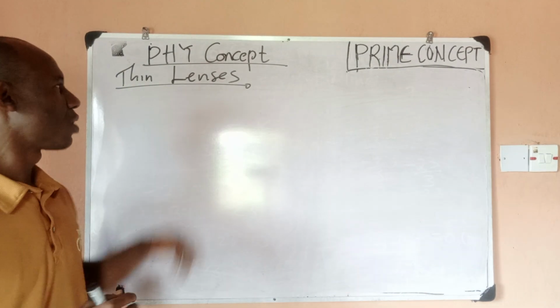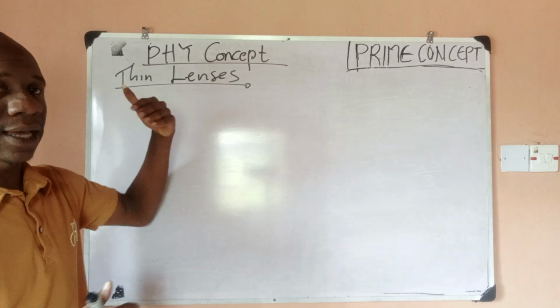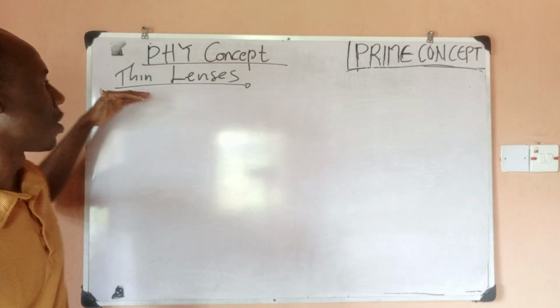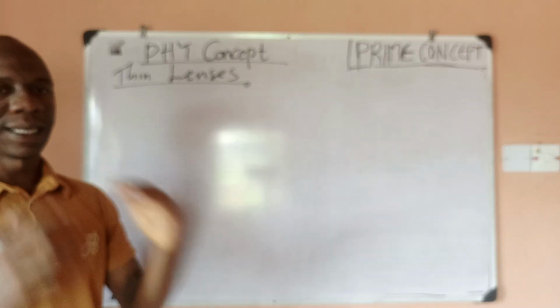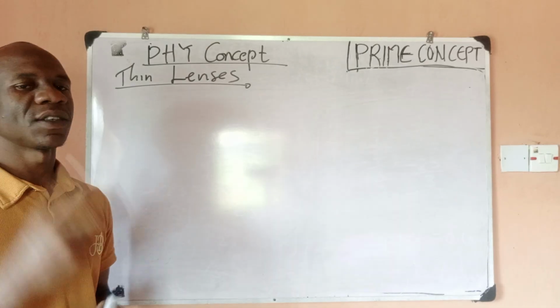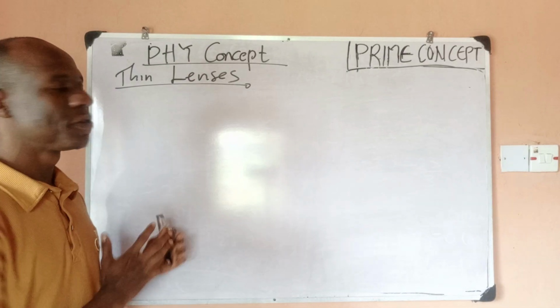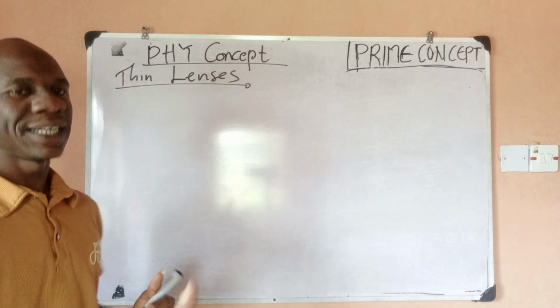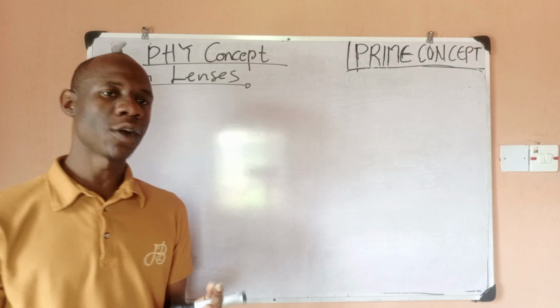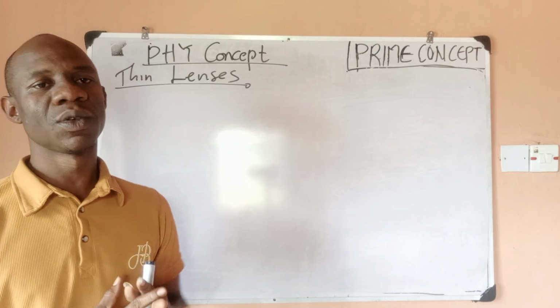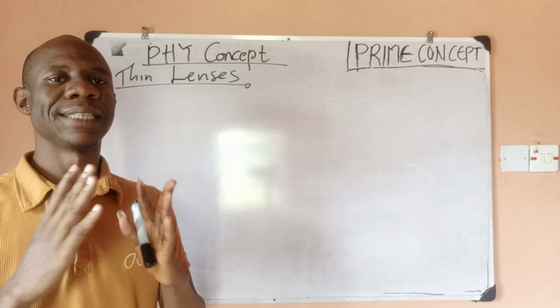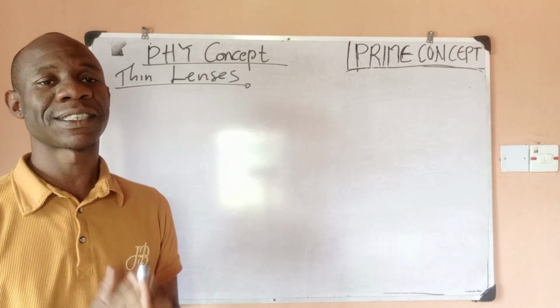In this video, we want to look at some new concepts under the thin lenses. So we're going to consider two new concepts under our thin lenses. Remember in our previous videos, we explained the thin lenses, that is to say the convex lens, which is also known as converging lens, and the concave lens, which is also known as diverging lens.